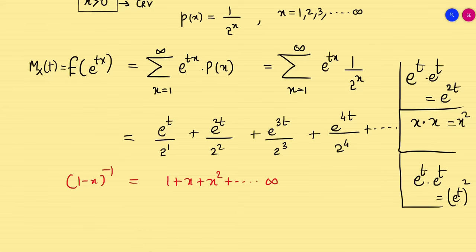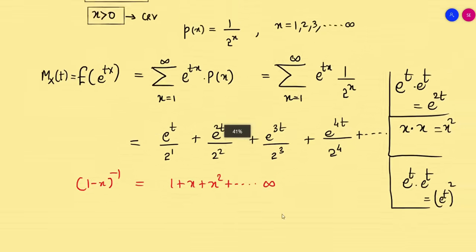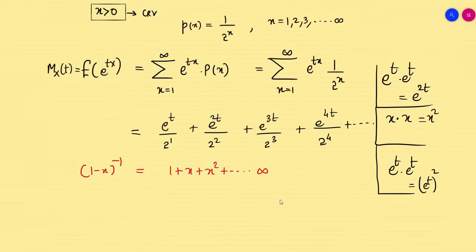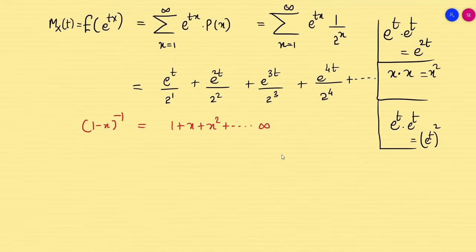Why? Because it is needed for me to crack this problem, so I'm just doing it according to my need. Okay, let us see how I crack this problem. First of all, I'll write this as e power t by 2 whole power 1. This e power 2t, I can write as e power t whole square. 3t means whole cube, 4t means whole power 4.